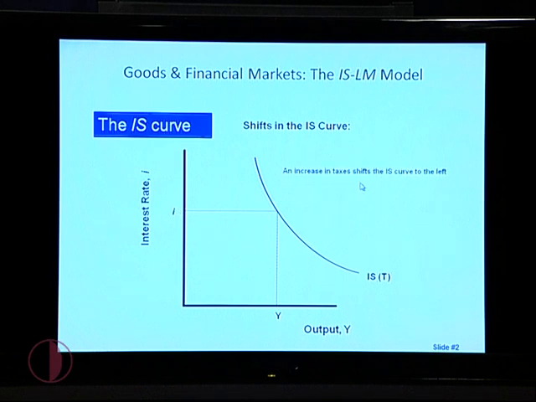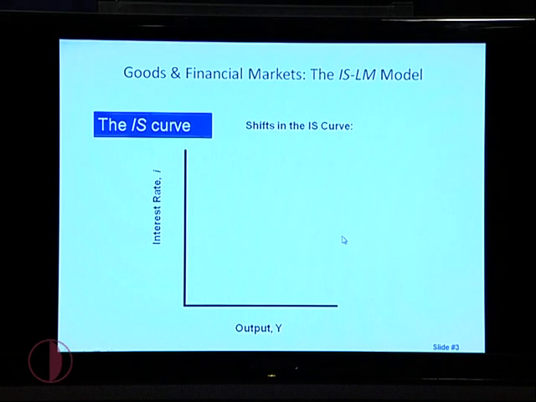An increase in taxes shifts the IS curve to the left, where T prime is greater than T, and output Y is greater than Y prime.